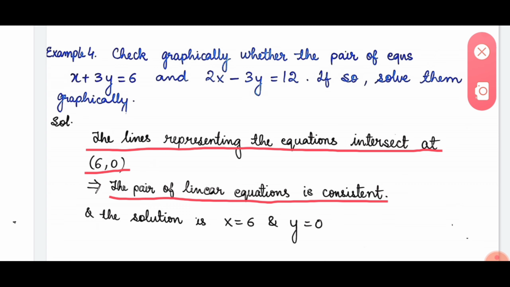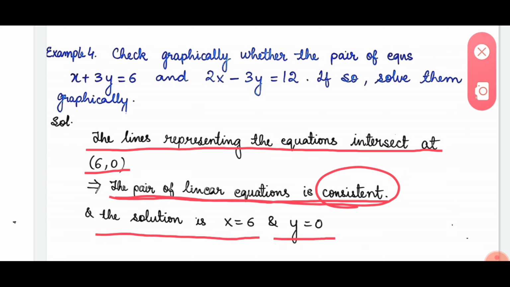So since you are getting the solution, you can say that the pair of linear equations is consistent. And what is the solution here? The solution is x equals 6 and y equals 0, because the value of x here is 6 and the value of y is 0.